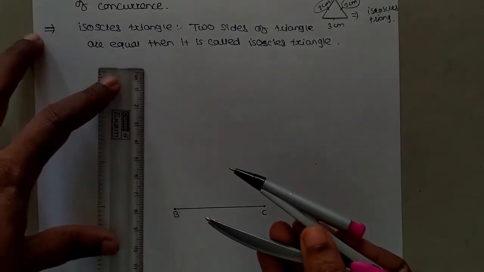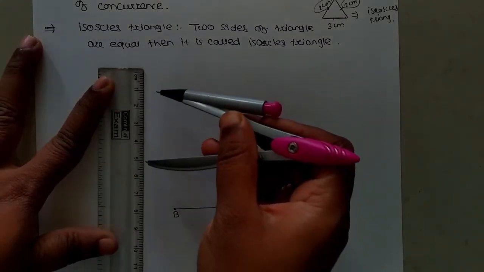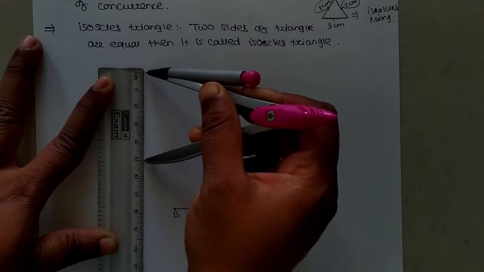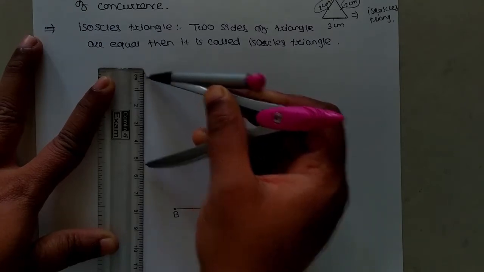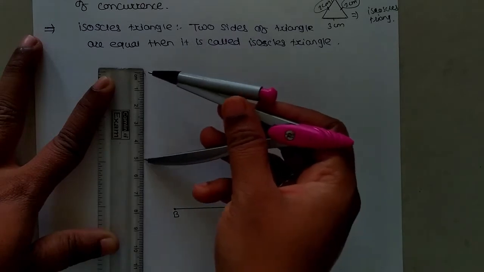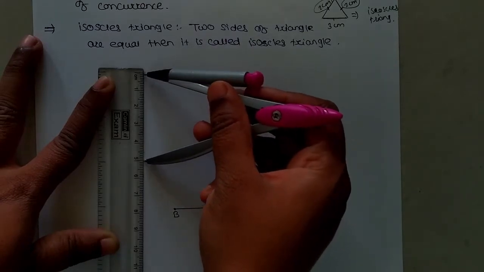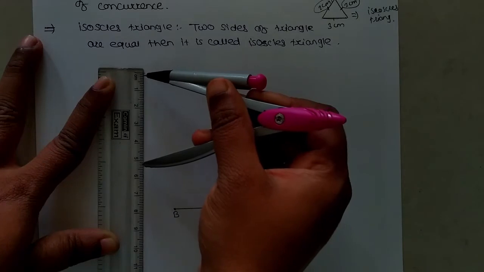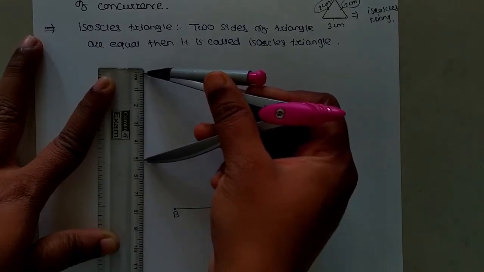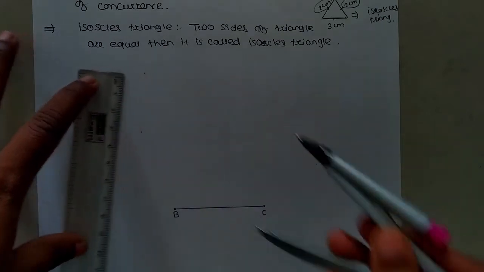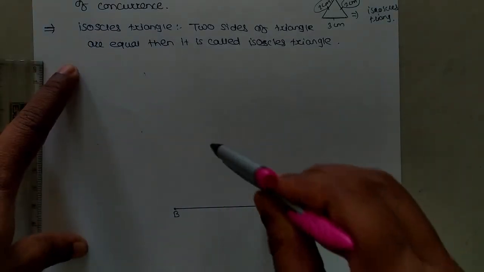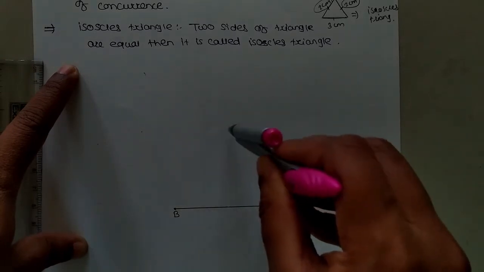Now next, when we draw the triangle, take the measurement of the side. Suppose I want to make the base 5 centimeter. So take the measurement of 5 centimeter in your compass. You can take 5 centimeter or 6 centimeter as you wish. Suppose I take 5 centimeter. Then with this same measurement, you have to draw one arc here.